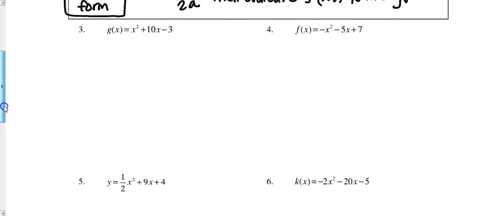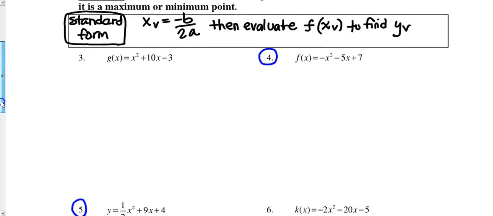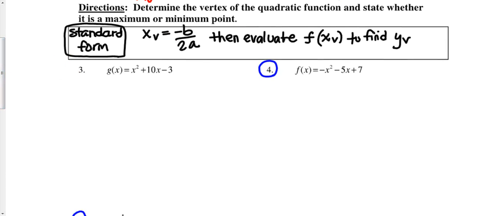For 3 through 6, I'm actually only going to do 2 of these, and you'll have time to practice with a neighbor. I will do number 4 and number 5. So let's take a look at number 4. We're just asked to find the vertex. So it's going to be x value of the vertex equals negative b over 2a.